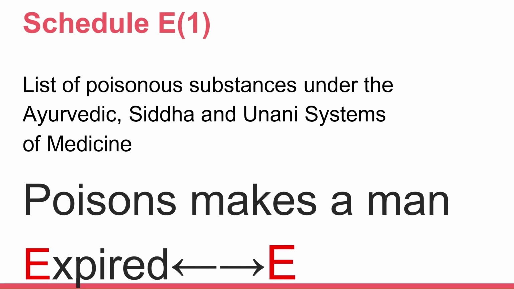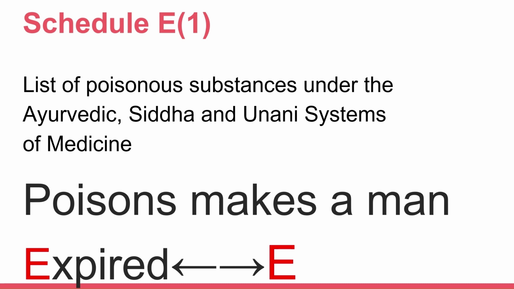You can remember this with a sentence. The sentence is, poisons make a man expired. Expired means dead. From the word expired, you can remember Schedule E. Schedule E is for expiry. E is for expiry.